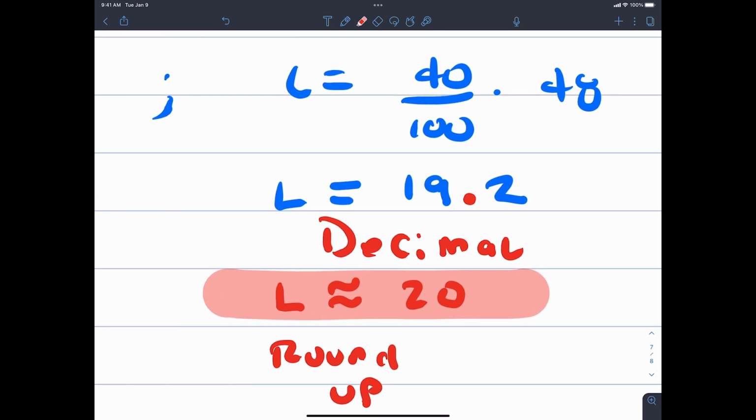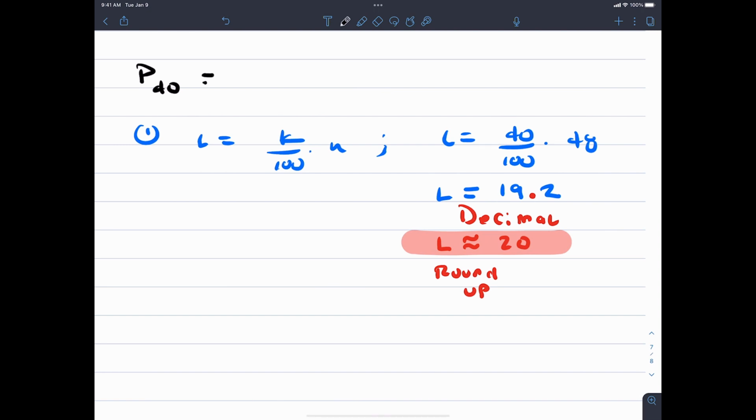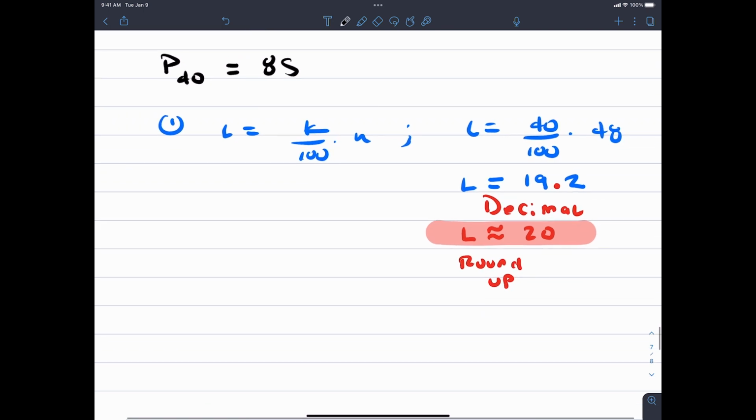So you're going to have to go to the 20th data value now. What's in the 20th position? 85. That means your answer is 85, ladies and gentlemen. 40% of the data is less than 85. That's what that means.